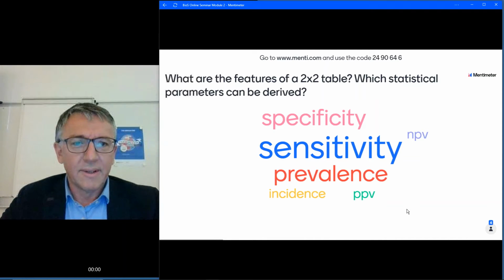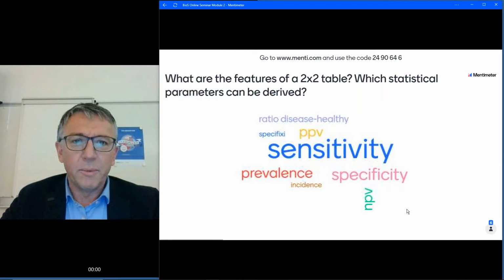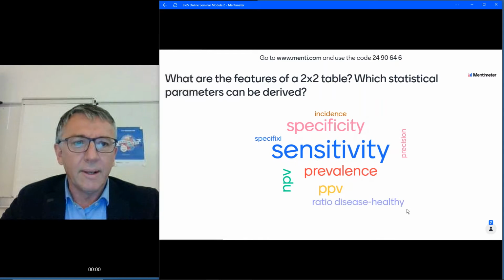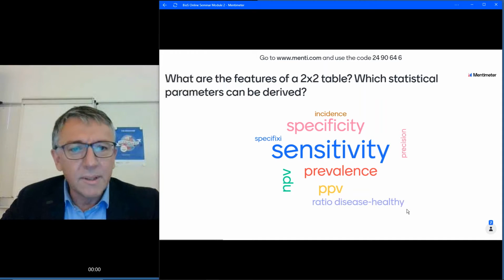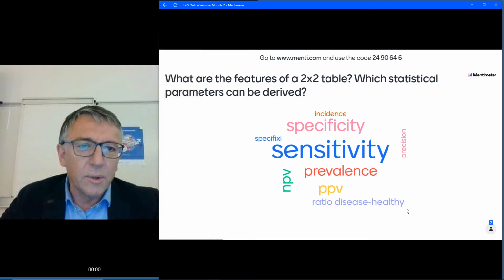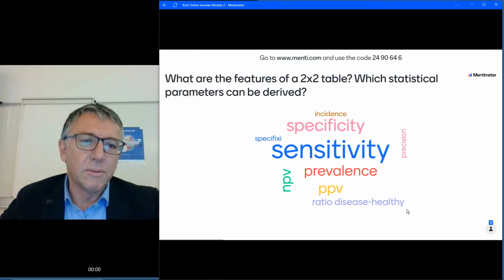Okay, so it seems that we do have a lot of experts attending this course. They already know a lot of the information that can be obtained from those tables. And if you look at those answers, you can see that there are more parameters that you can derive than there are actually numbers in the table, which is quite interesting.